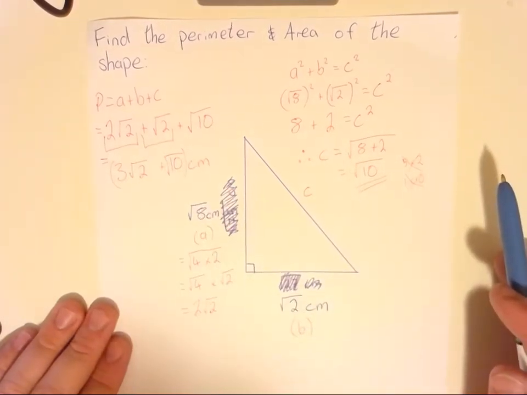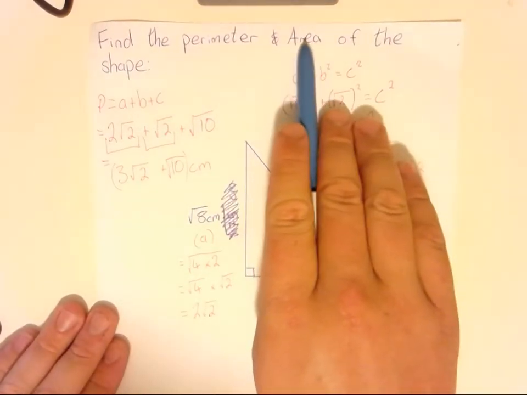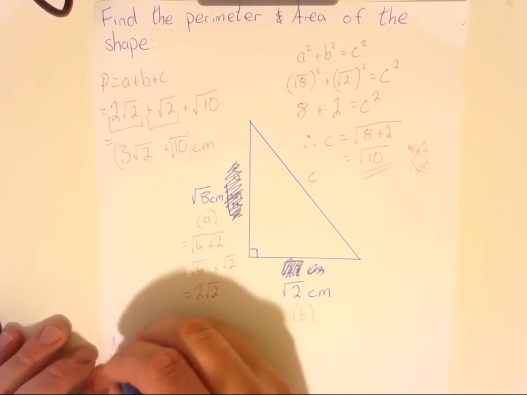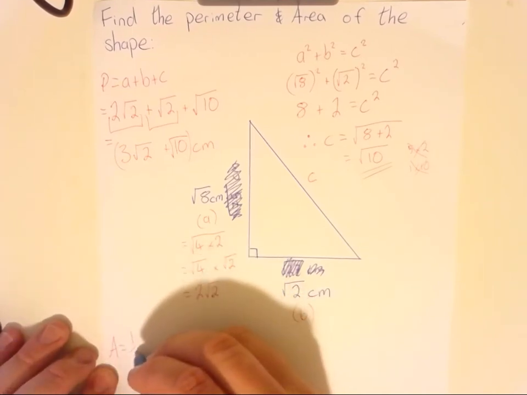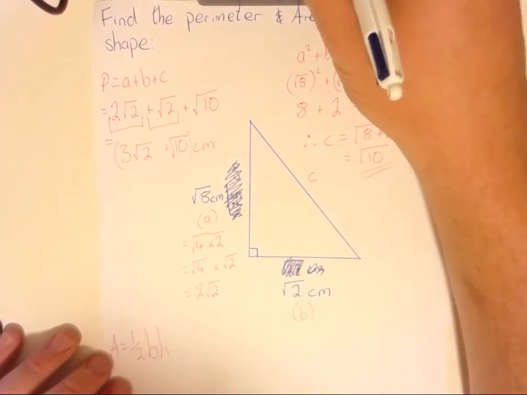Now, the last bit I need to do is we are asked to find the area of the shape. Hopefully we're aware that the area of a triangle is equal to a half base times height.